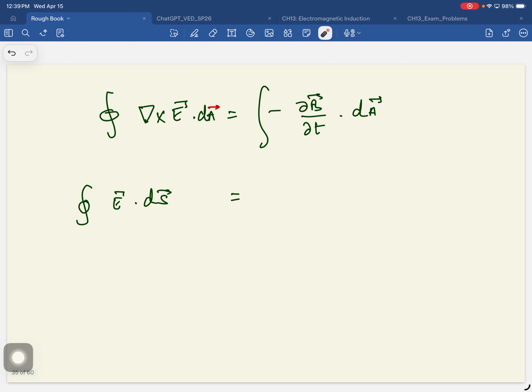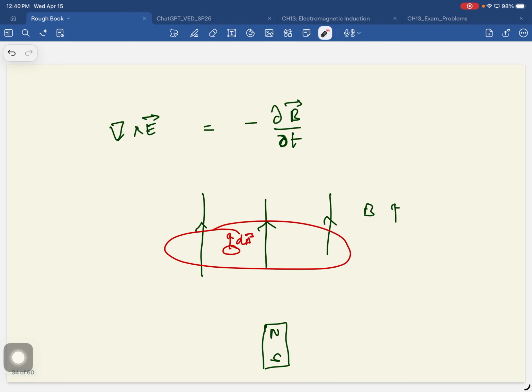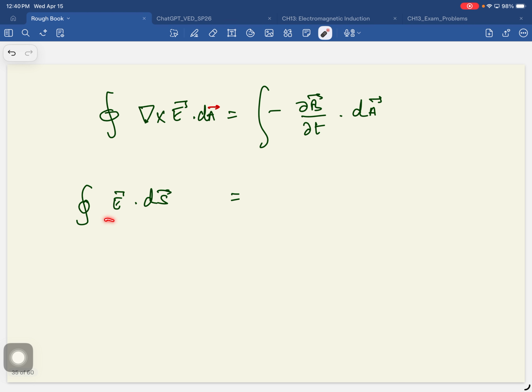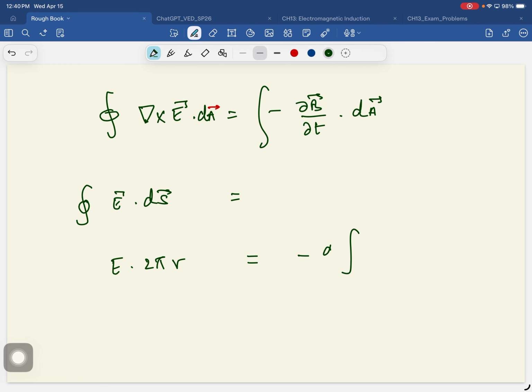All right, so this line integral is, you're taking the electric field going around this loop. Okay, so let's say this electric field is constant, so this will become E times 2 pi r, the circumference of the circle. So in that special case, E times 2 pi r will be equal to minus del by del T of the integral of B dot dA.